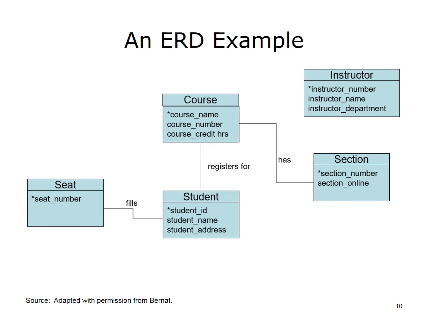The course registration management process might require course name, number, and credit hours. These are attributes. The course registration management process might also require instructor name, number, and department. These are also attributes. In ERD notation, the entity name appears in the top of the box. The attributes are listed in the box below the name.